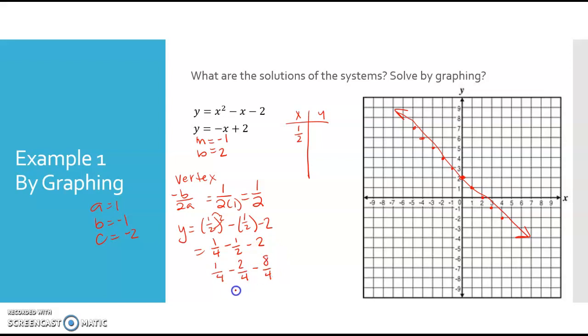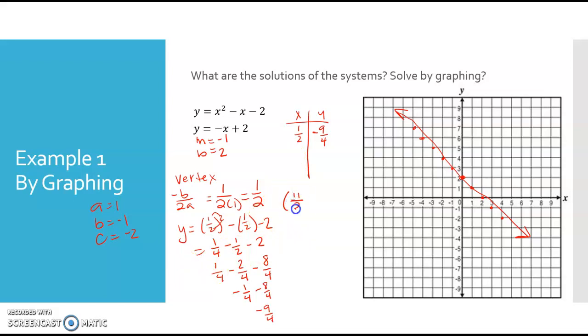So 1/4 minus 2/4 is -1/4, minus 8/4 will give us -9/4, because negative, we add them together. So our vertex is at 1/2 comma -9/4. Right, so that's our vertex.